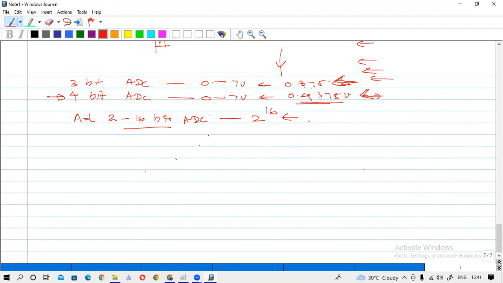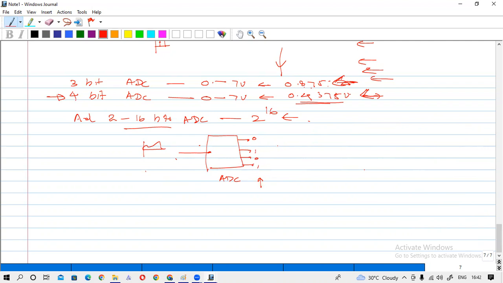If you have an ADC and you give it an analog signal, you will have some bits. That is the immediate output, a parallel bit stream.